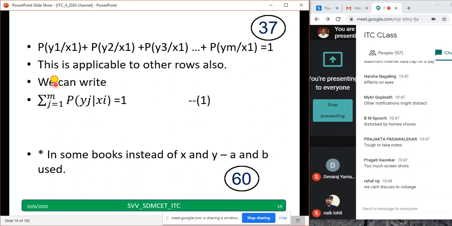Take a minute, just copy down these three lines. And write down, instead of x and y, a and b are also used. Because in problems, we may use a and b also sometimes. We may use x and y also. If they give a and b, it is the same way. Instead of writing y here, I have to write b. Wherever x is there, I have to write a. Take another few seconds. Equation 1 you have to remember. Then we will continue our discussion.